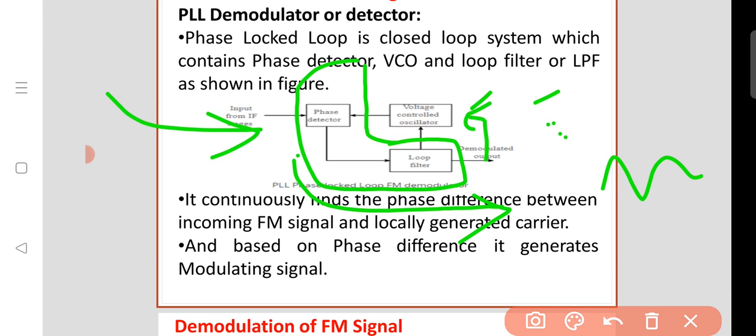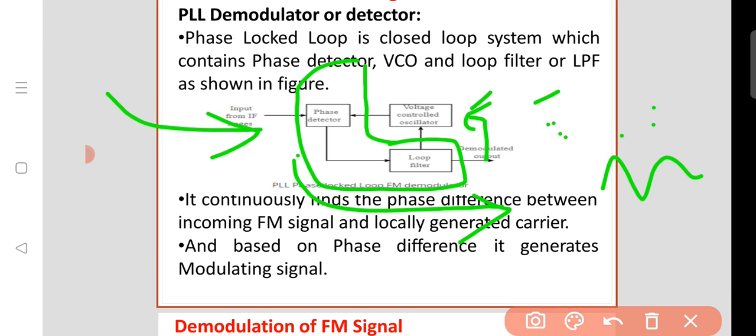So in the phase comparator or phase detector, the voltage multiplier accommodated here multiplies the external input signal with the output signal from the VCO. It generates an error signal, and that error signal is equivalent to the phase difference.